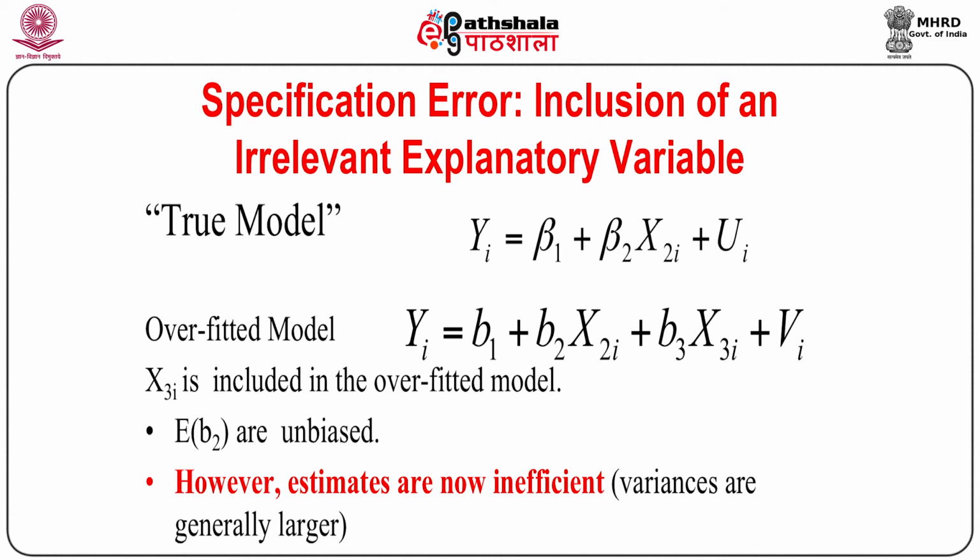In this case, we will find that the expectation of b2 is unbiased. However, estimates are now inefficient, that is, variance will generally be larger.